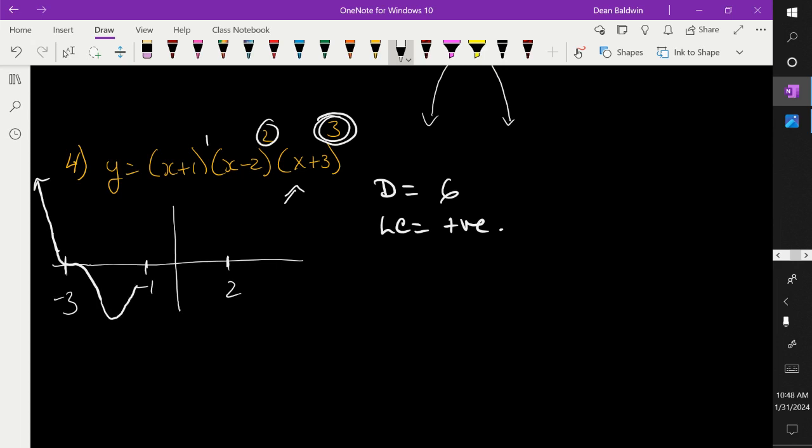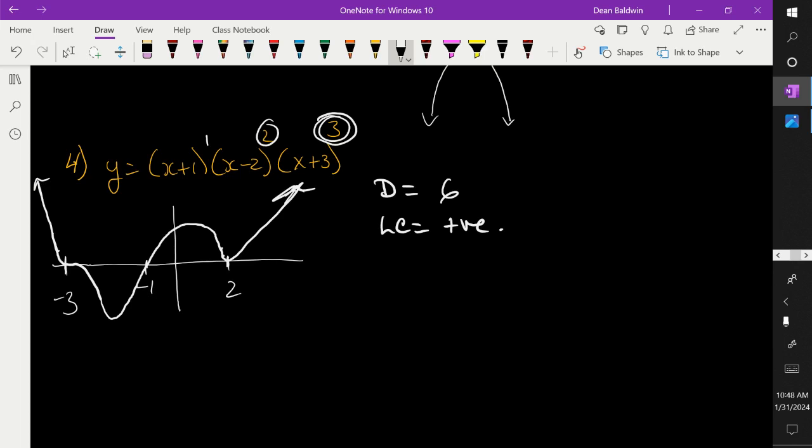It has to go through -1. What happens at -1? It just goes straight through because you have a multiplicity of 1. Turns. It has to go through 2. What happens at 2? It bounces, called a tangent, because we have a multiplicity of 2, and it goes like that.